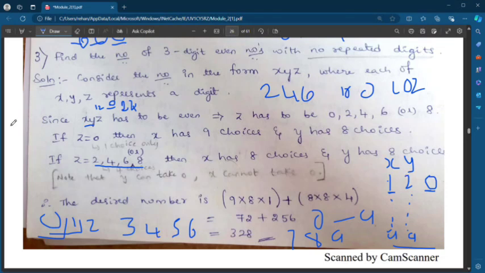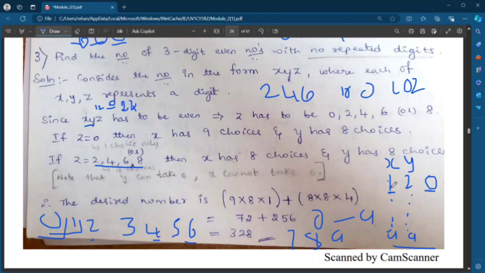But if I am considering 2, 4, 6 or 8, any one of these numbers, then that number can't be used elsewhere. I'm not taking all 4 together; any one can come here.